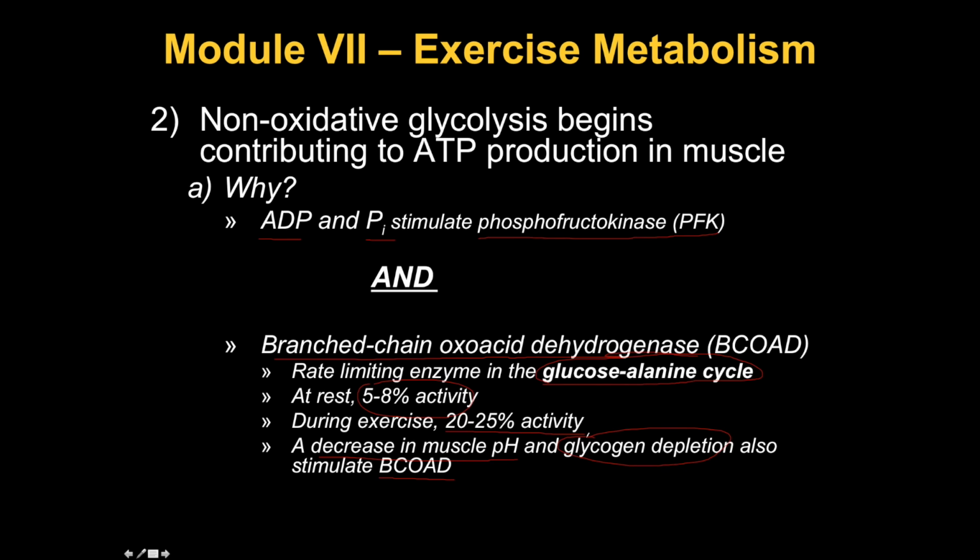If we have glycogen levels being used up, lowering and lowering, we need a backup mechanism to keep producing ATP. And so the branched-chain oxoacid dehydrogenase is going to gear up the whole glucose-alanine cycle so that we can produce ATP.